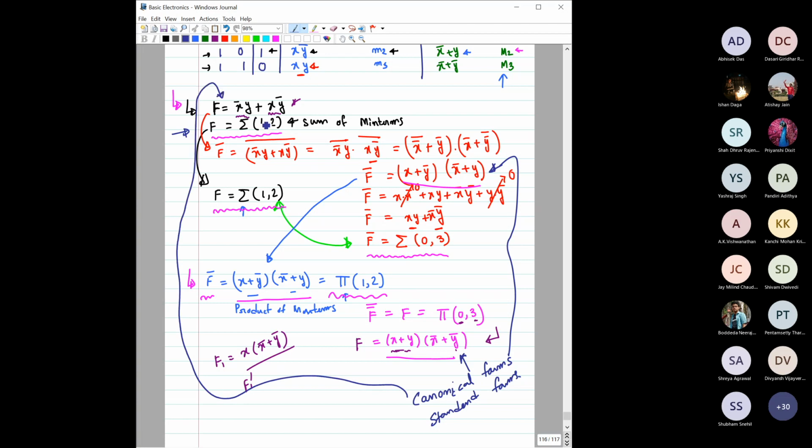So any standard representation in sum of product or product of sum, but it has to be the standard representation. Those representations are called the canonical forms.